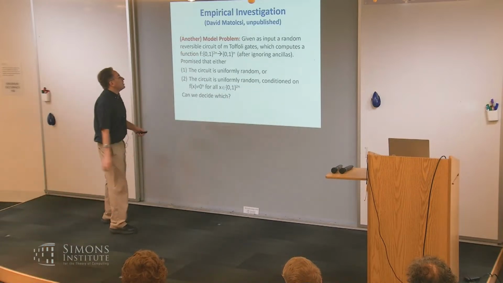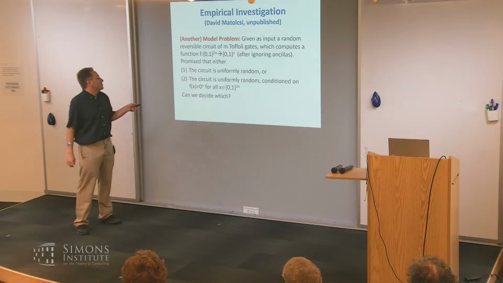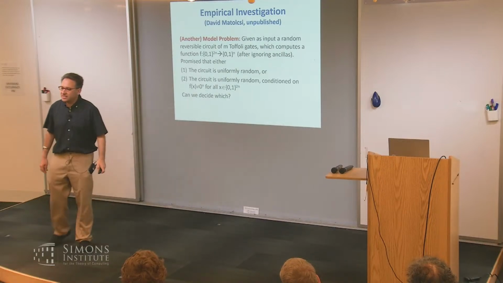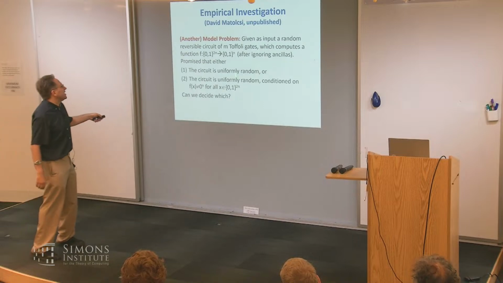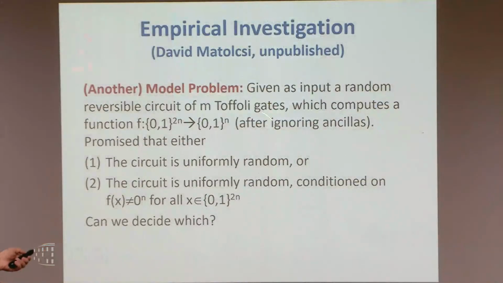Okay, so an employee of Paul's named David Matolcsi has done some empirical investigation. He actually looked at this model problem, not about neural nets, but about random reversible circuits. Why reversible? Because here we have a very natural notion of what we mean by a random circuit. You can just plunk down a bunch of random Toffoli gates, for example, in order to get a random reversible circuit.